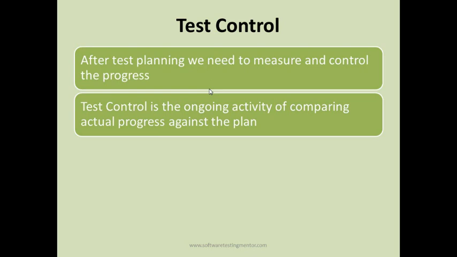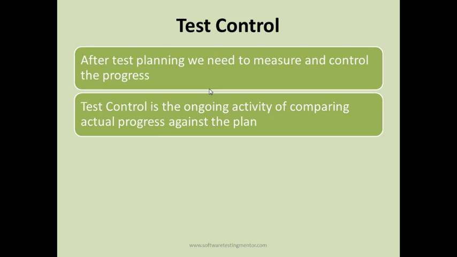All these activities are test control activities, where you are monitoring your defects on a daily basis, or monitoring the test execution on a daily basis. Suppose there are 100 test cases to be executed, you monitor how many test cases were executed today, how many are still pending, how many still need to be done in the next 5 days.